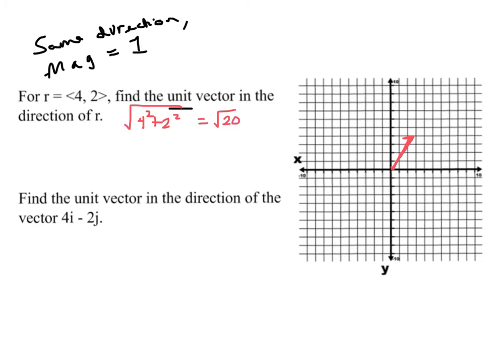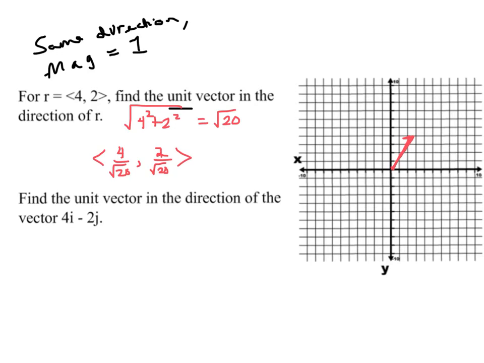Now, the way to make our current vector into a unit vector is simply to divide the current vector by the square root of 20. Or you could think about it like you're scaling it by 1 over the square root of 20.